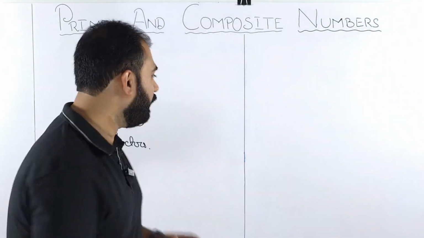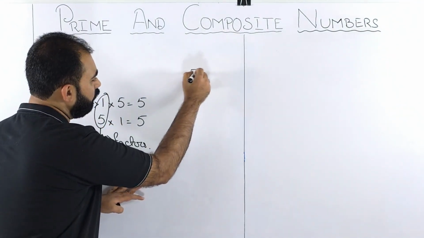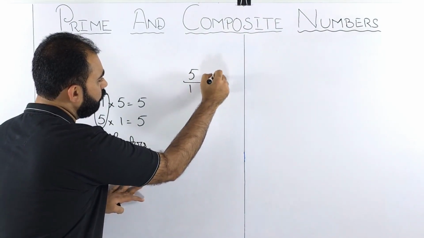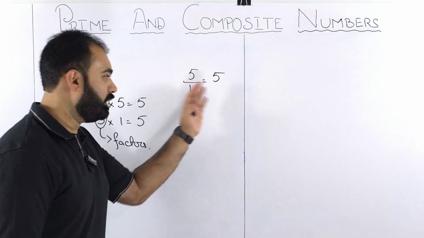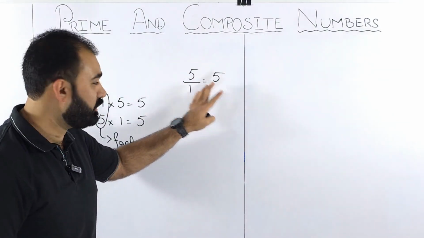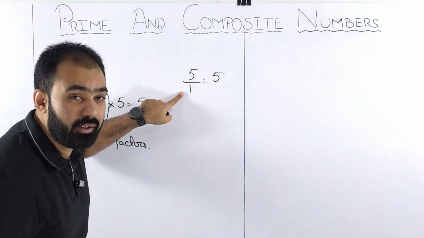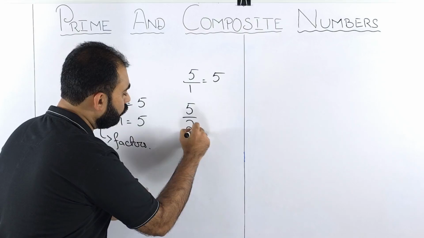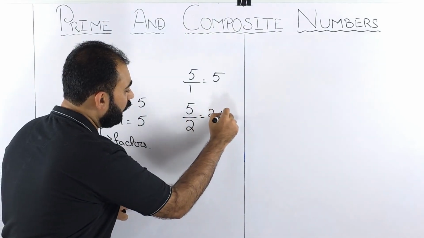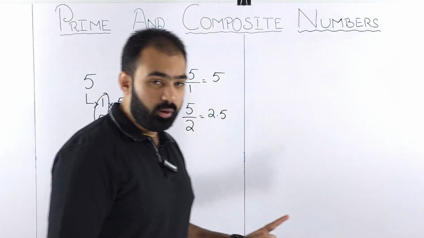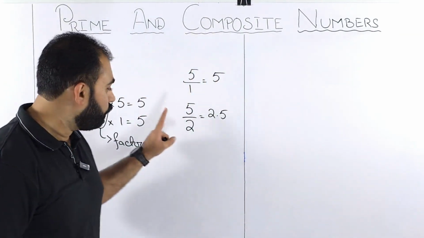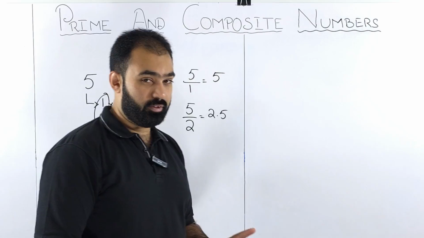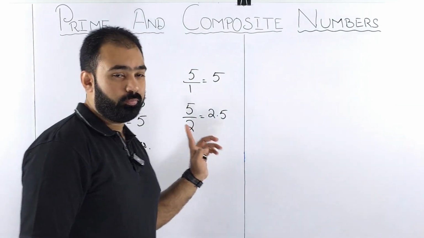What does that mean, completely divisible? Let's say I divide 5 by 1, I get 5. 5 divided by 1 is 5, a whole number. So I will say 5 is completely divisible by 1. And let's divide 5 by 2. I get 2.5. I'm not getting a whole number this time, which means 5 is not completely divisible by 2.